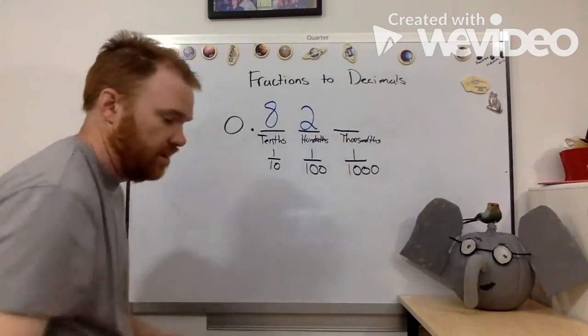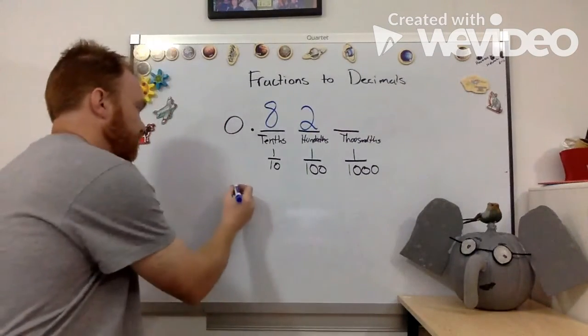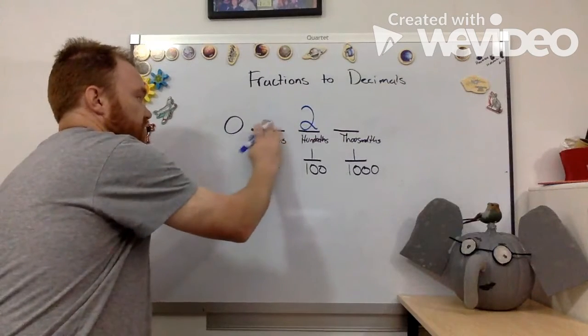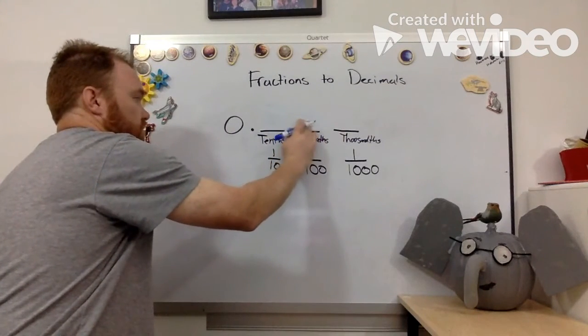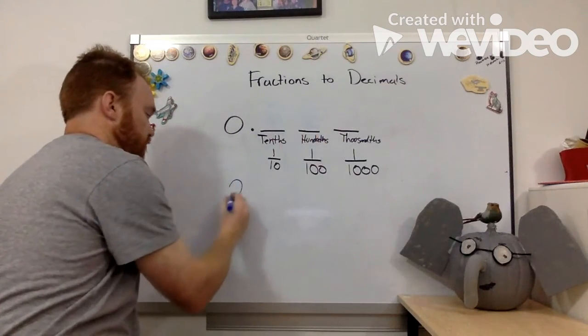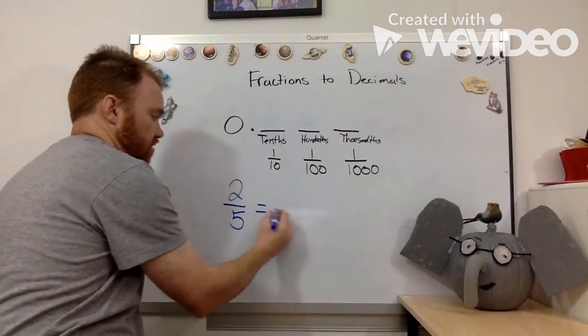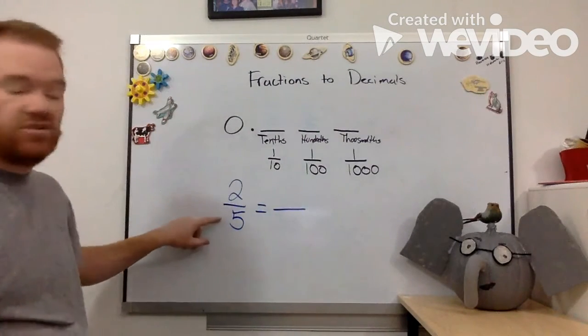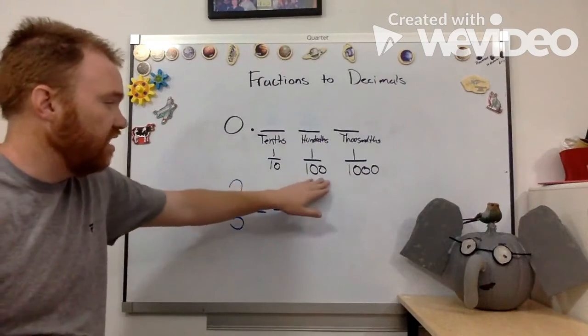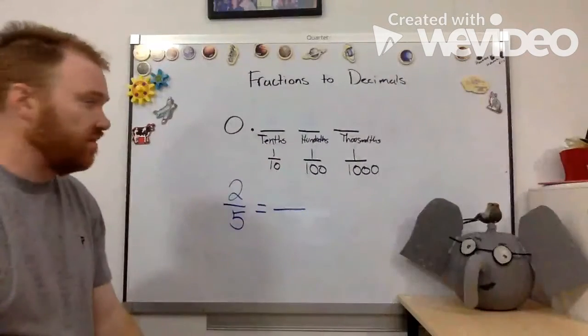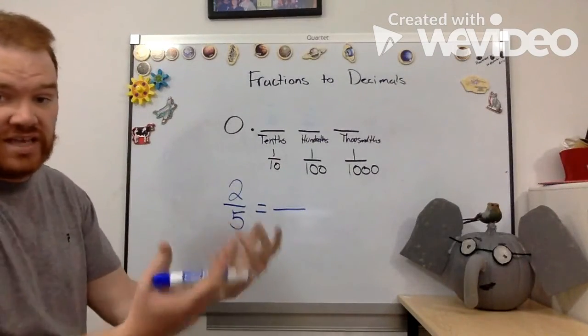Let's go on to another example: 2/5ths. Can I turn this 2/5ths into a 10, 100, or 1,000? I actually could turn it into any of those.